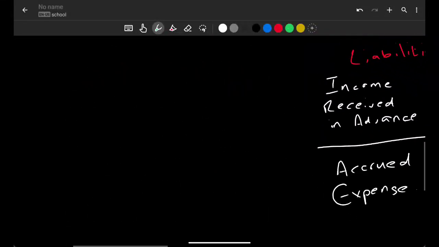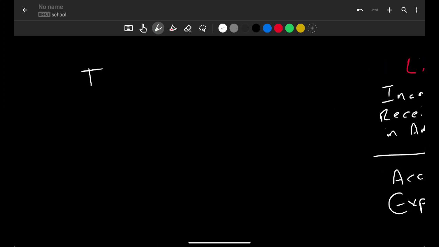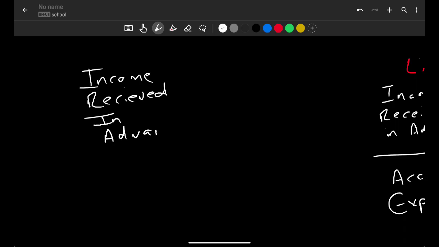Looking at income received in advance. Income received in advance is a liability because, let's look at in advance. Let's look at an income such as rent, right?